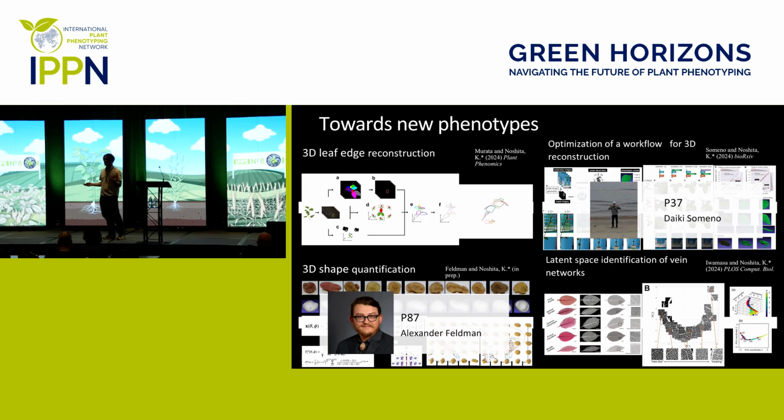But maybe this approach can be applied to any kind of 3D surface structure, like a fruit shape or something like that. We also try to optimize the process for getting the 3D information. So some members come here and provide a poster, so please discuss with them. So thank you.